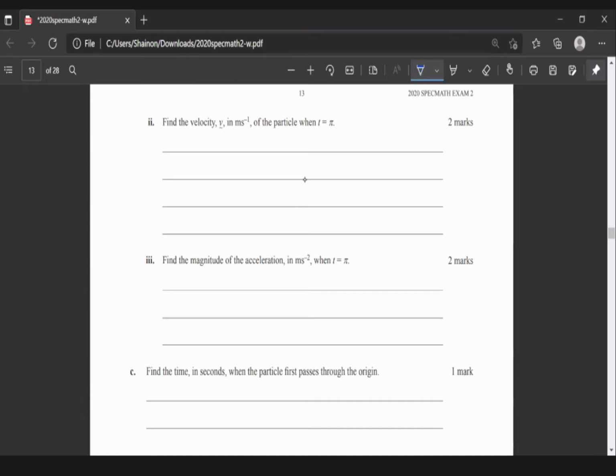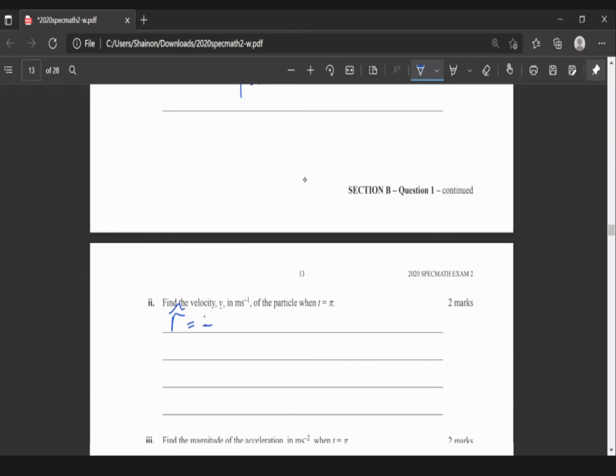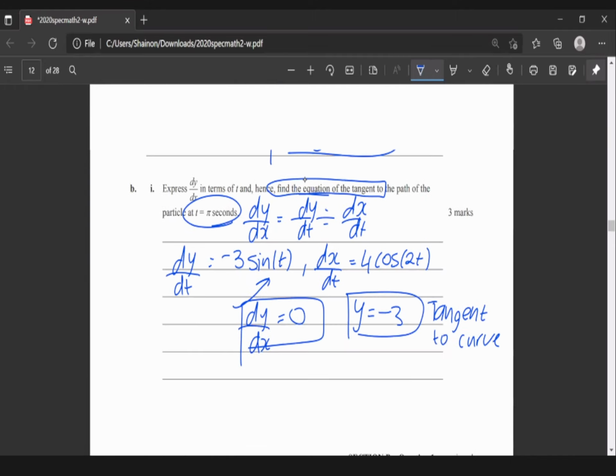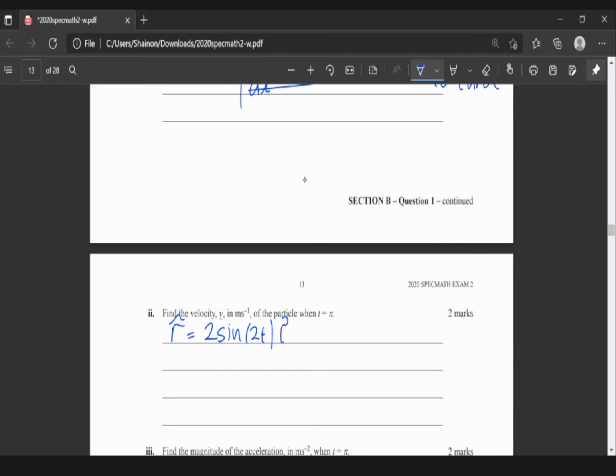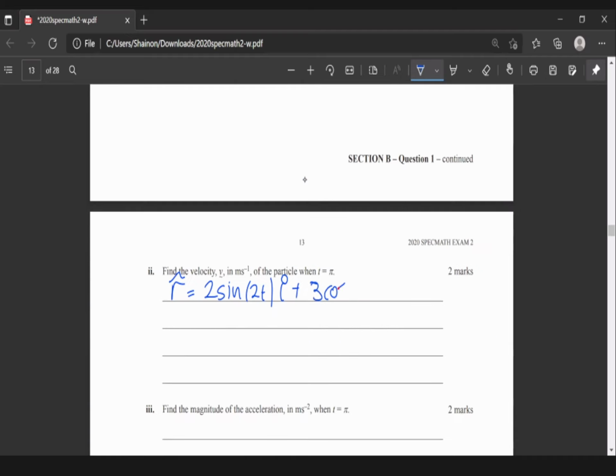Find the velocity v when the particle. So we just differentiate that. We know that r is going to be 2 sine 2t i and then 3 cos t j.